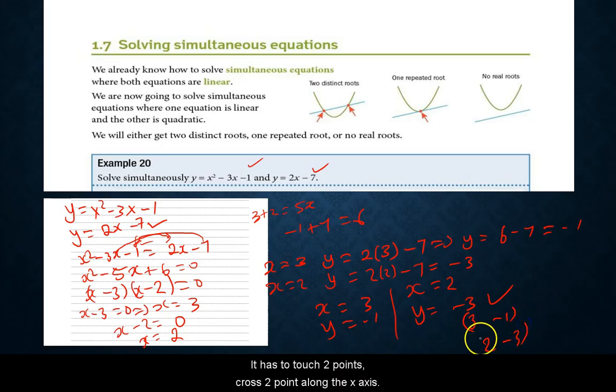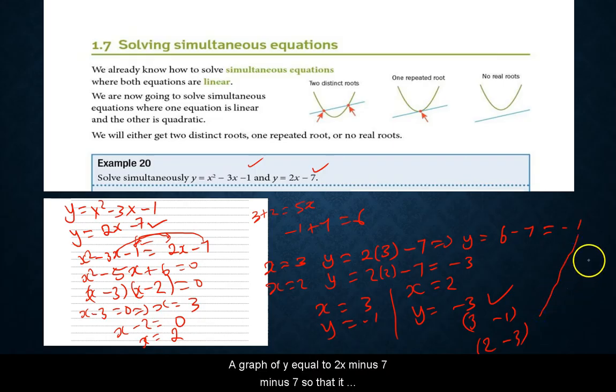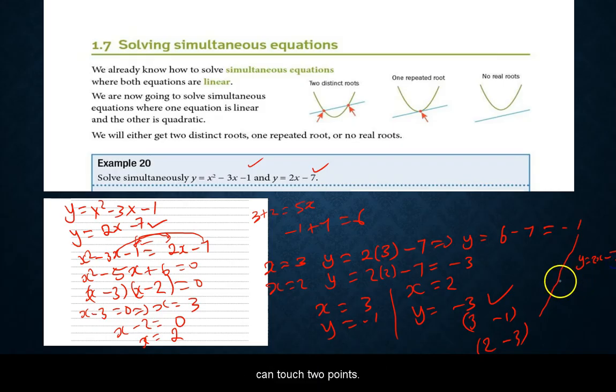It has to cross 2 points along the x-axis. But it is a graph of y equal to 2x minus 7, so that it can touch 2 points. Say these 2 points. This is just a sketch, and you draw your graph looking that way.